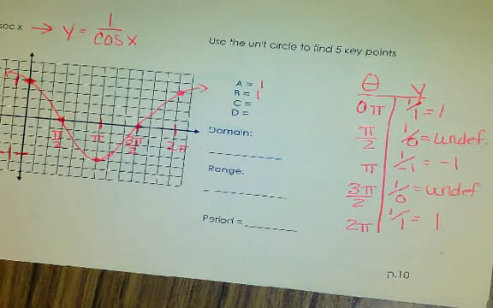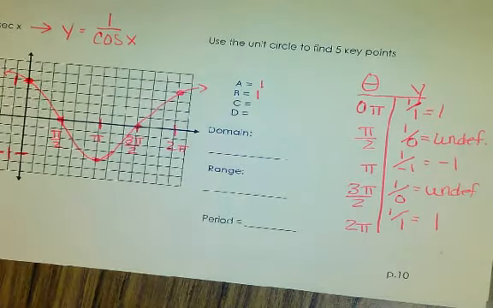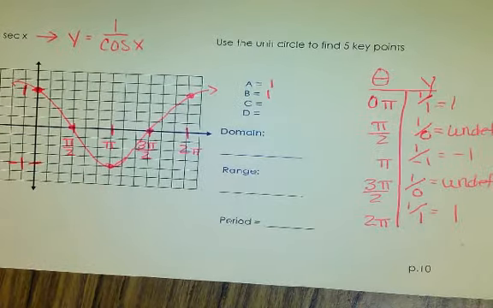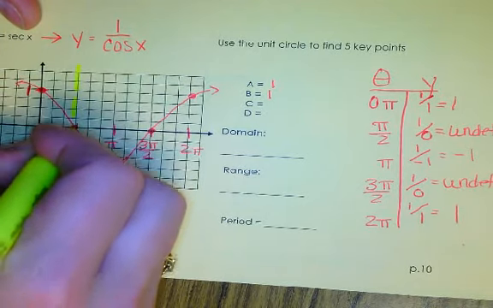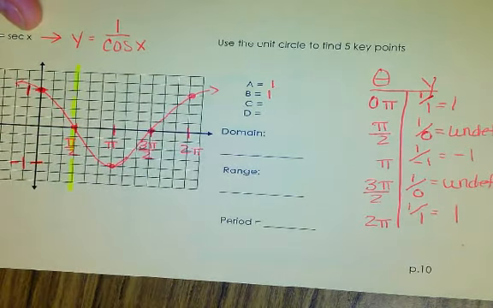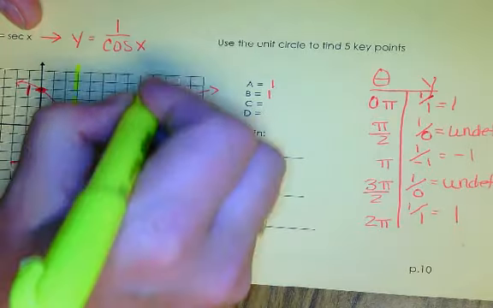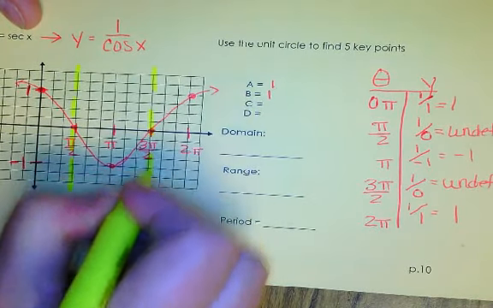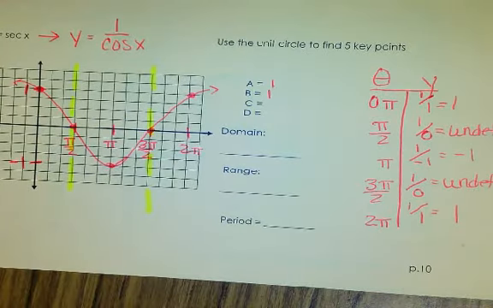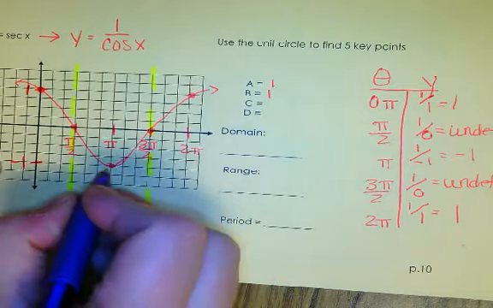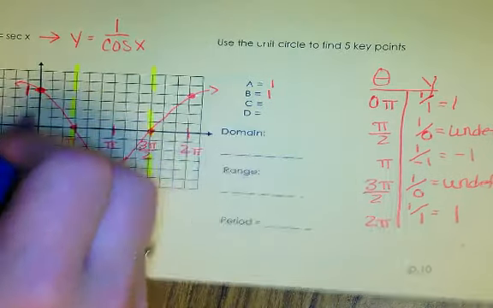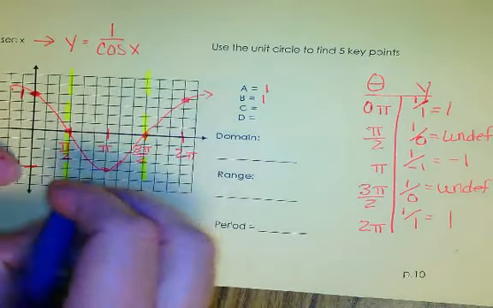So I'm going to put up where my asymptotes are going to be. I'll have an asymptote at pi over 2, because it's undefined at pi over 2, and it's also undefined at 3 pi over 2. Now for this one, I'm going to use all the curve points, so the 2 maximums right here and the minimum.